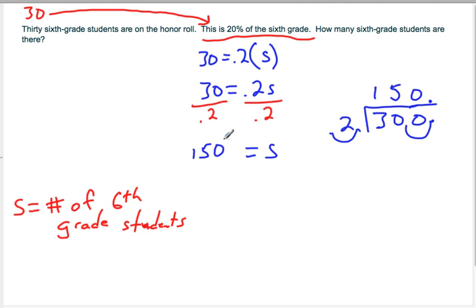So we think that there are 150 6th grade students. Let's double check that. 30 are on the honor roll, which is 20% of 150. Well, 10% of 150 is 15, so 30 would be 20%. So the answer, there's 150 6th graders.